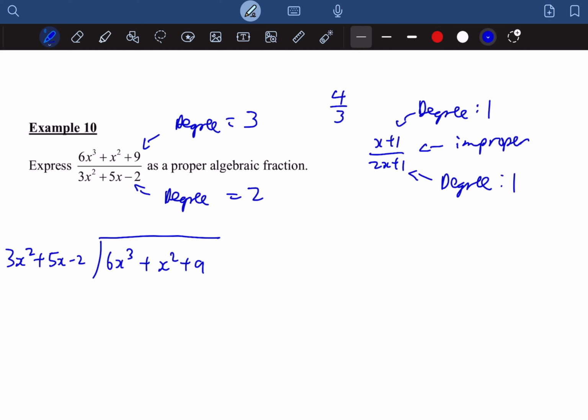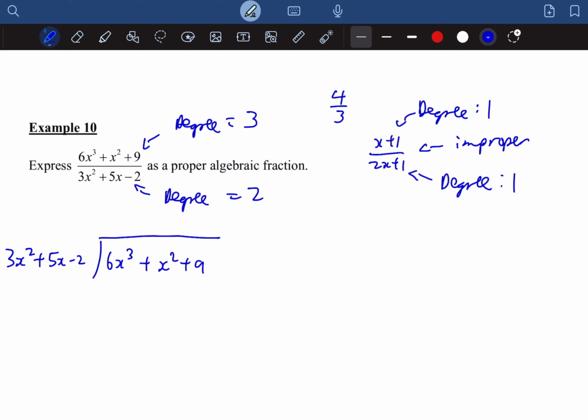The reason is synthetic division has some disadvantage, whereby the divisor must have degree 1. If the divisor is not degree 1, we cannot use synthetic. That's why you can see now the divisor is degree 2, 3x squared plus 5x minus 2. Therefore, that's the reason why I never introduce synthetic division to everyone. But if you want to find out more, you can just go and search online.